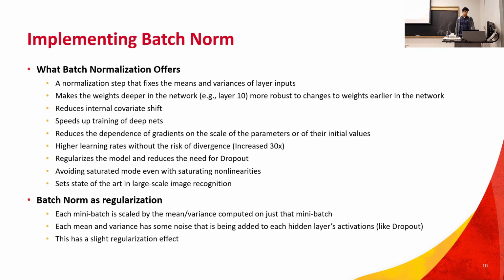Okay, so let's talk a bit about batch normalization as a regularizer. They say that each mini-batch is scaled by the mean and variance computed on just that one mini-batch. So each mean and variance has some noise in it that is added to each hidden layer's activations, just like dropout. And this has a slight regularization effect.